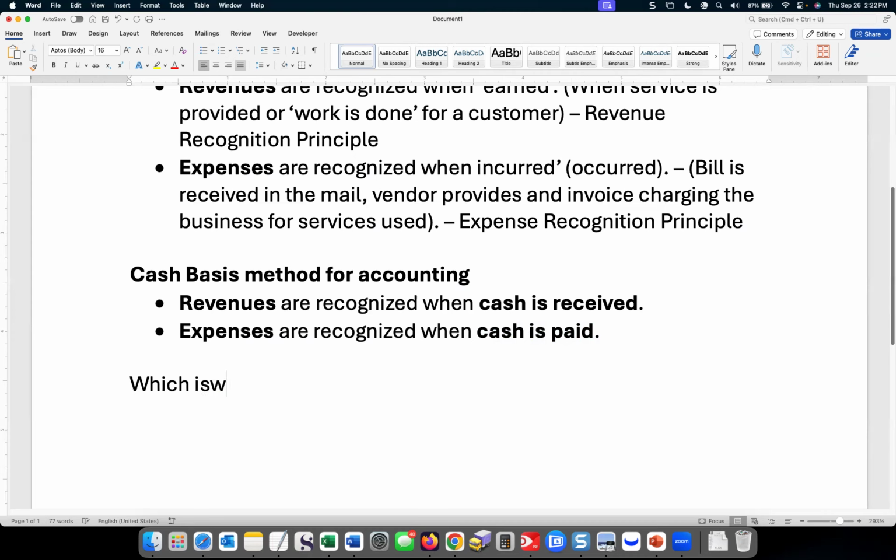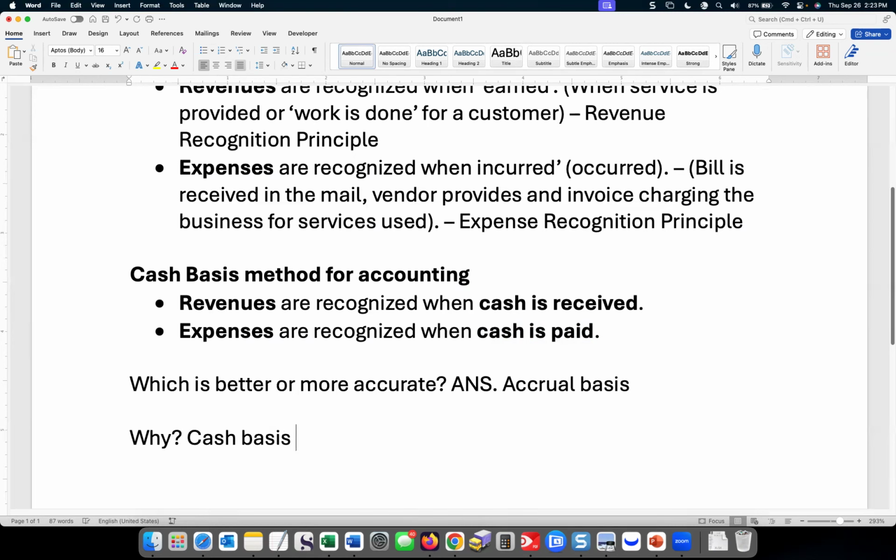So which is better or more accurate? The answer would be accrual basis. And then the question would be, why? Why is it better?